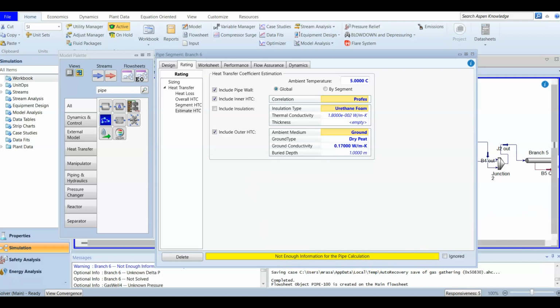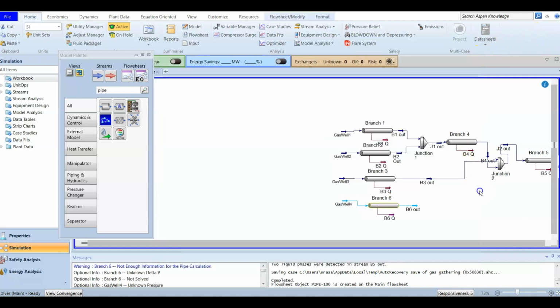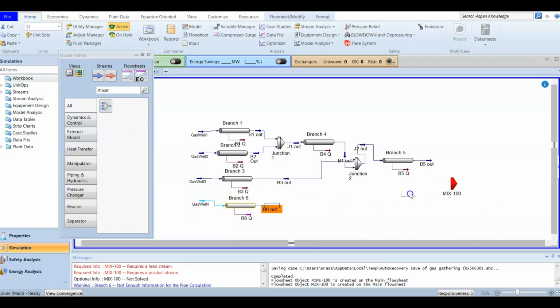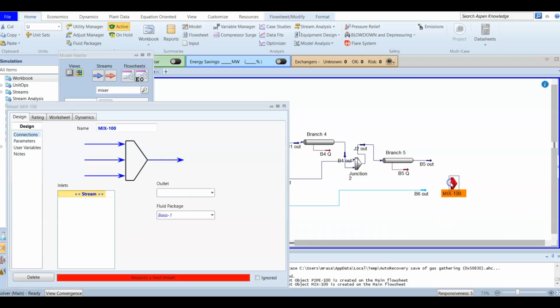So in this case we are going to add another mixer. Okay, so here we are going to add another mixer, and this time we are going to mix P5 with P6 out. So mixer, and this mixer will be our junction number 3. So it will be added here, and this one will be a little bit long.